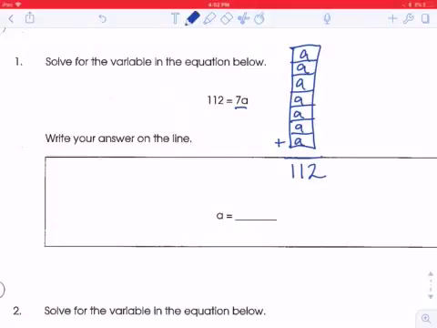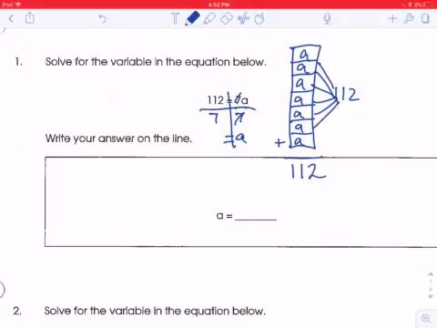But how do I undo that? How do I fix that? Well, one of the things that's really helpful to remember is making your t-chart. This is a multiplication problem with a missing variable. I might divide this side by 7, and that would leave me with just 1A. And I would divide this side by 7, and that would leave me with, I don't know. I got to take 112 and divide it into 7 pieces.